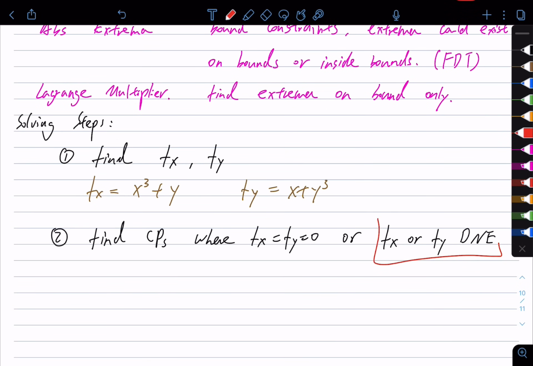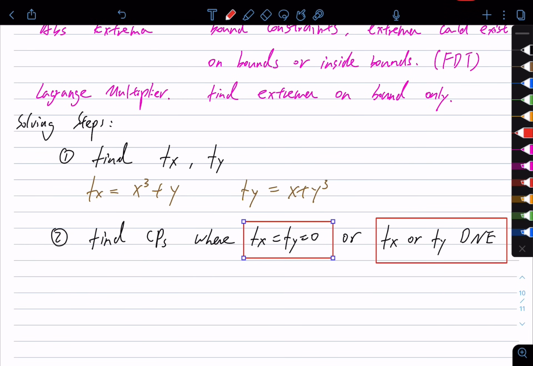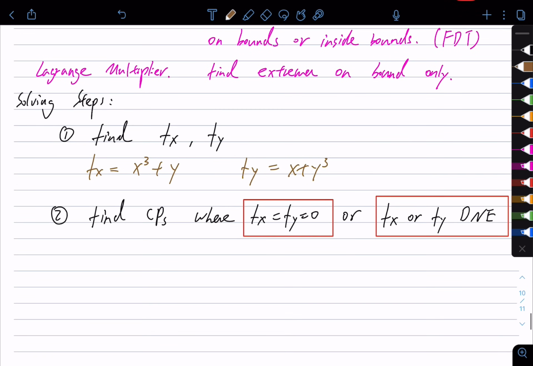Okay, so these are the two cases. In our example, we can set fx equals x cubed plus y equals 0. That gives us y equals negative x cubed.